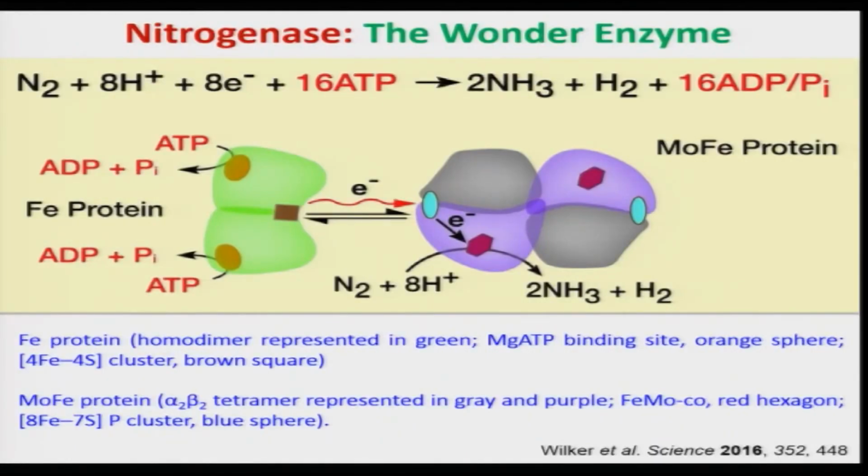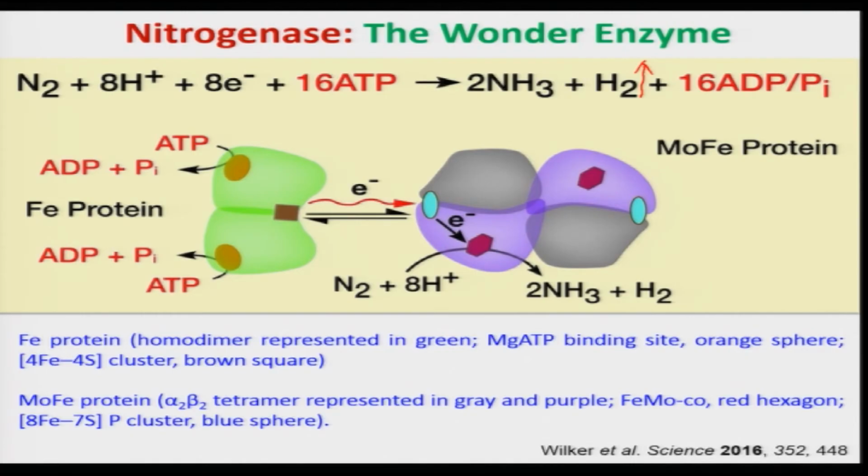Now, the overall reaction, as I discussed in my previous slide, is nitrogen converting to ammonia and one molecule of hydrogen simultaneously being produced during this transformation, with the help of a huge amount of energy which is being utilized for this reduction process.